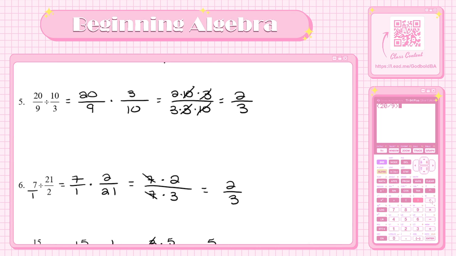And now it's divided by 10 over 3. So let's do the division, and now put the second one in parentheses. Okay, so you get that, and that is not helpful, right? 0.666 repeating, maybe you know that's 2/3, but you don't want that answer. You want a fraction answer.